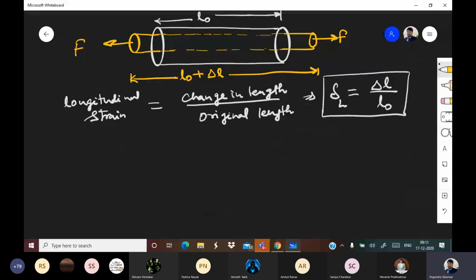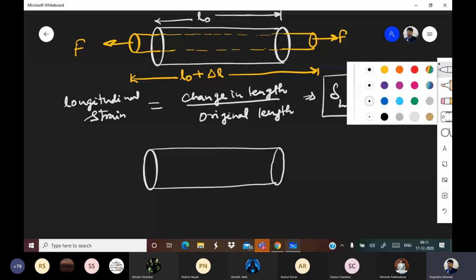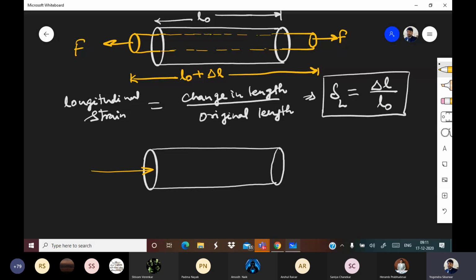Now, this was the case when the force, or you can say stress, is pull type. If it is push type, let us see that also. So this is an object. Now, if force was acting on it in this direction, it will cause stress. Due to that, what will happen?